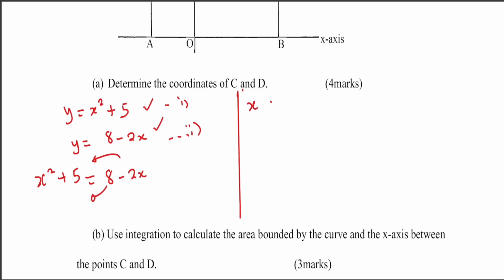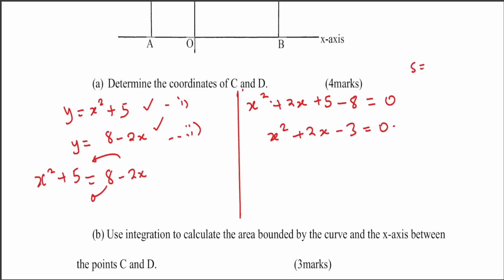So finally you'll get x squared plus 2x plus 5 minus 8, because the positive 8 will become negative 8, and the negative 2x becomes positive 2x, which is equal to 0. So you have x squared plus 2x minus 3, which is equal to 0.